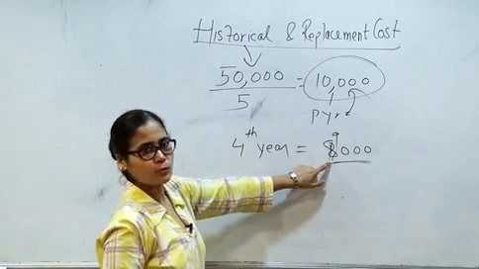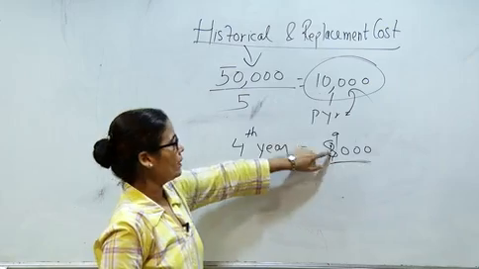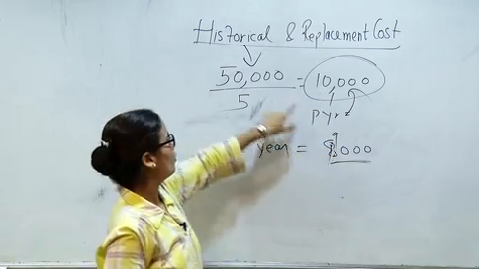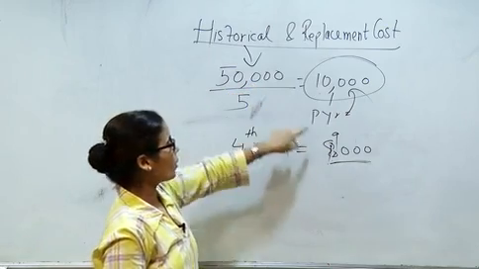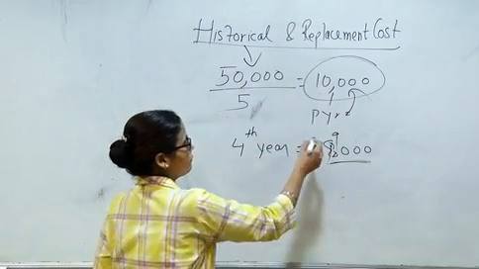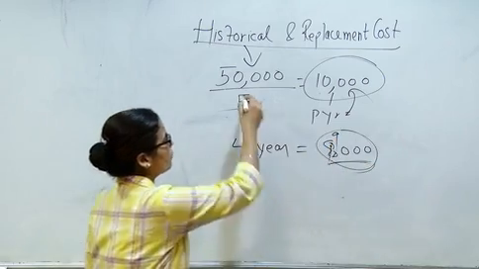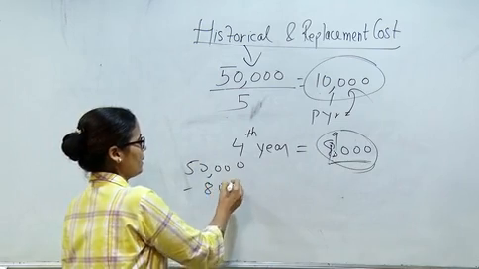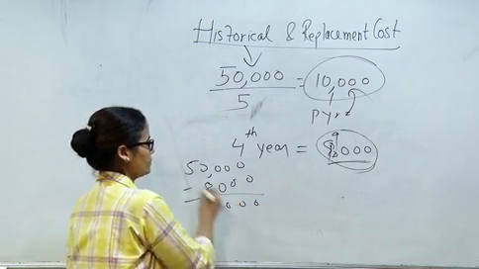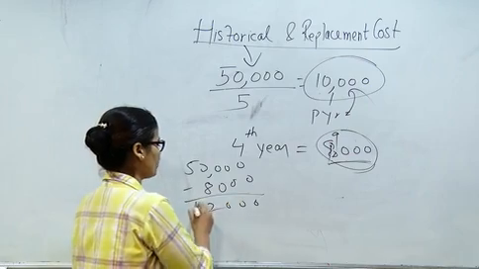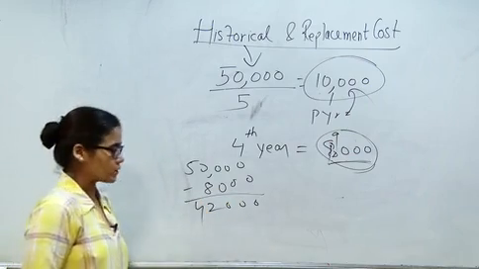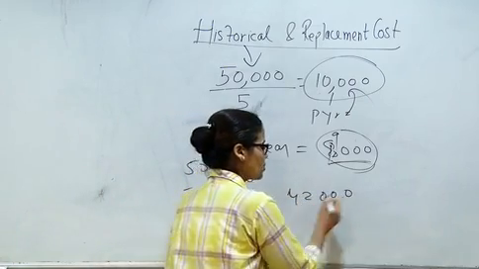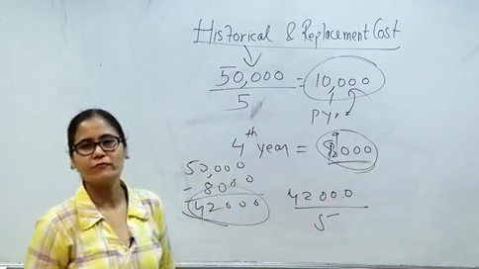So if it is 8,000 or if it is 9,000, you will have to minus this from 50,000. So what happens is that if the machine has given you a return of 8,000, then you will minus from 50,000 this 8,000, correct? So how much do you come to? 42,000. Now this 42,000 has to be divided with 5.